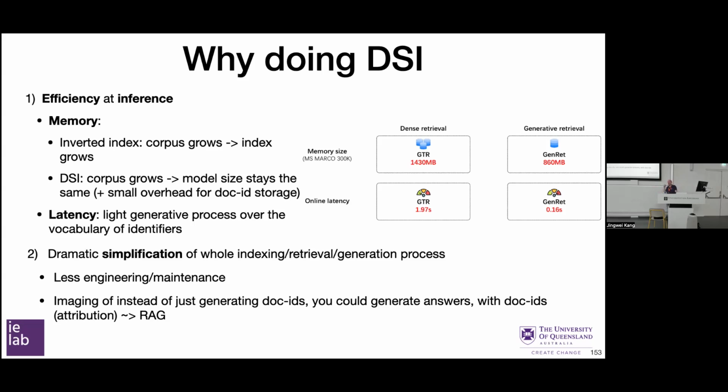But there is another advantage of using these model-based retrievers: you are dramatically simplifying your information retrieval system. You are throwing away indexing, retrieval, even the generation process. If you were thinking about a RAG pipeline, you're throwing away your pre-retrieval estimates, your post-retrieval re-ranking and stuff like that. You're substituting all of this with one unique thing. That means you have less engineering and less maintenance to do.